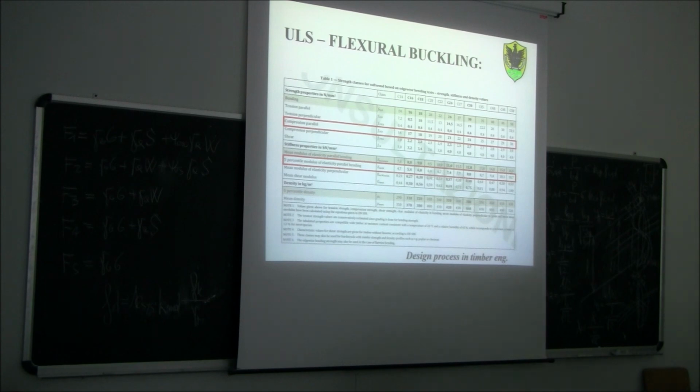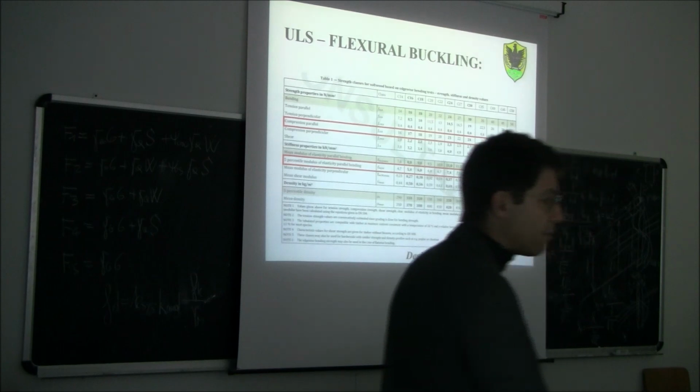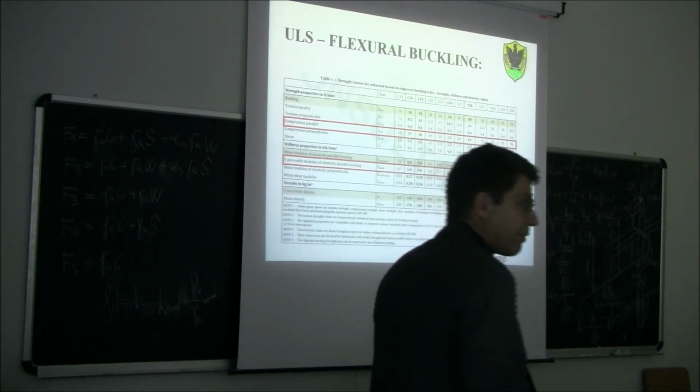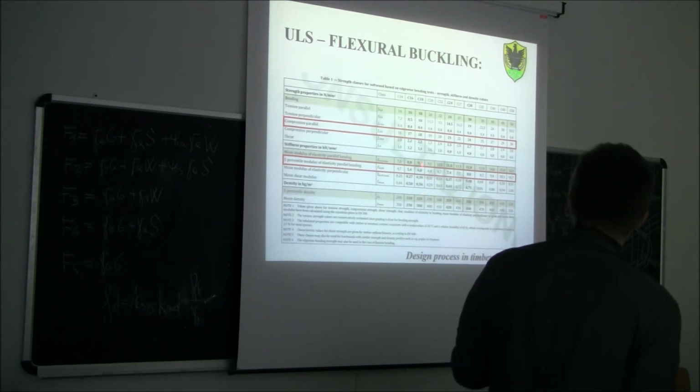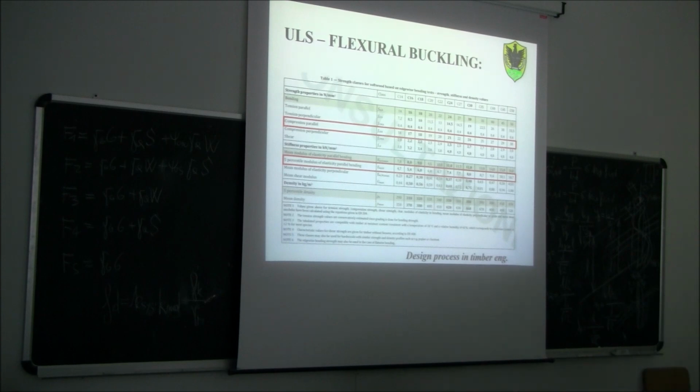So for steel, the difference between the 5th percentile and the mean value is small, maybe 1% of difference. For timber, no. For timber, you can see it's 50% of difference. So for timber this difference is significant, so you need to take it into account. Okay?